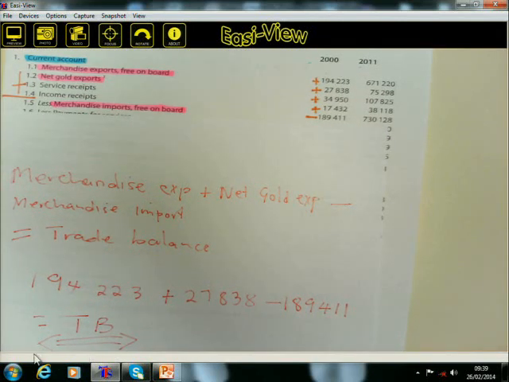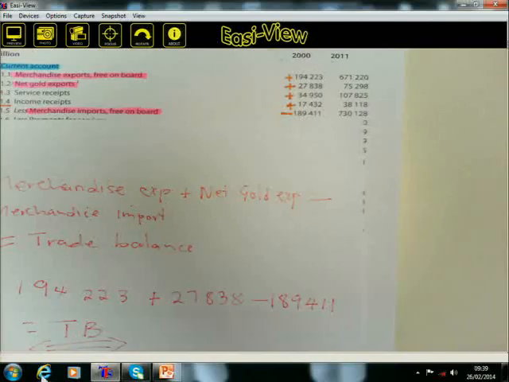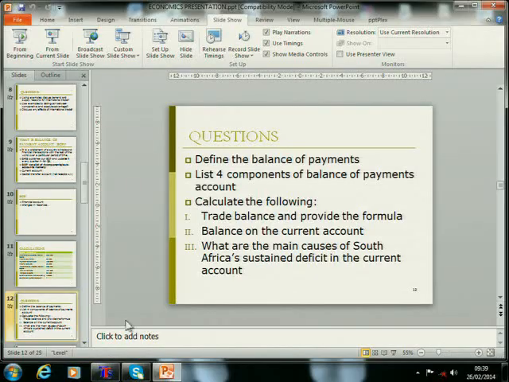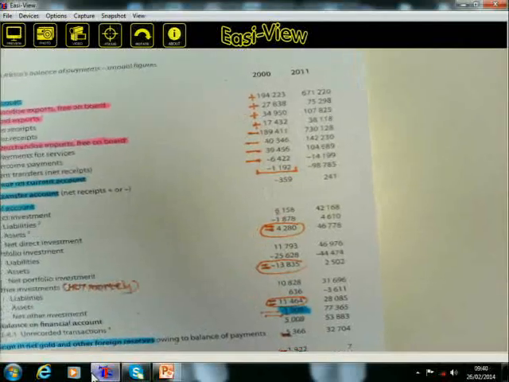Then we move to another one. Let's quickly go through how we must be able to calculate the balance on current account. I've already indicated to you how to calculate a balance on current account, so let's go and review it quickly.